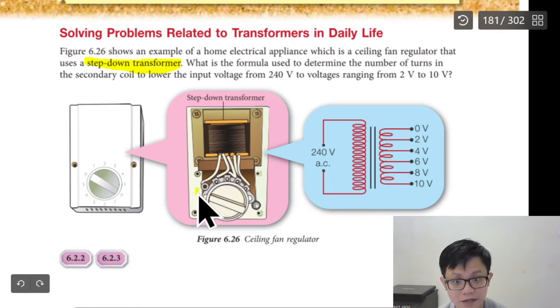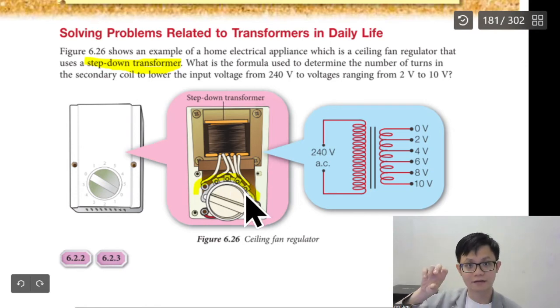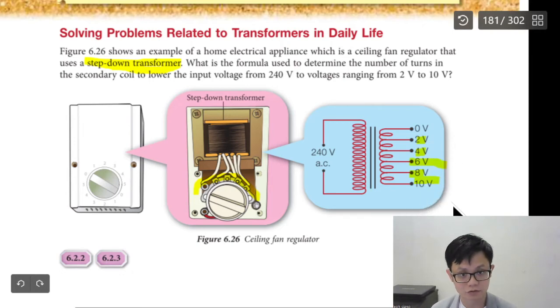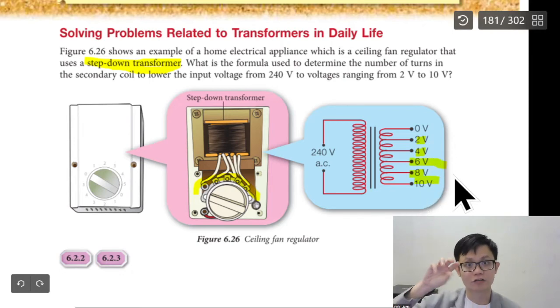By doing this, you can see it has 1, 2, 3, 4, 5. So 1, the voltage for example is 2, 2 is 4, 3 is 6, after that 8, and then 10 watt. So eventually you can control the watt by using transformers.